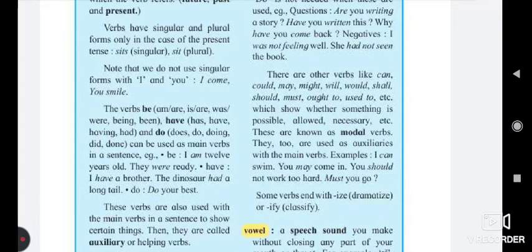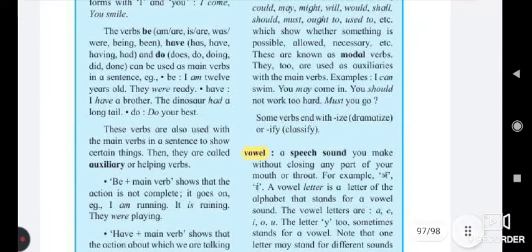I have a brother. The dog had a long tail. Do your best.